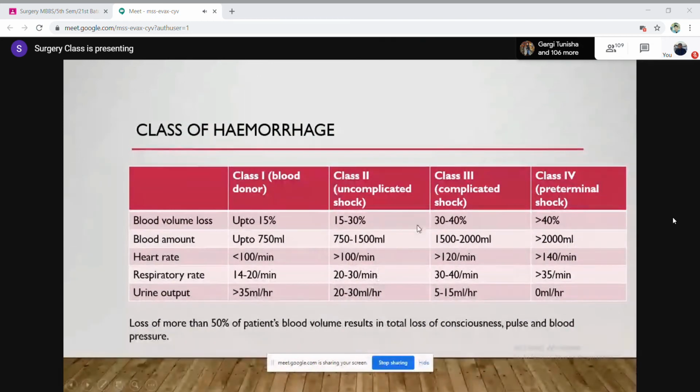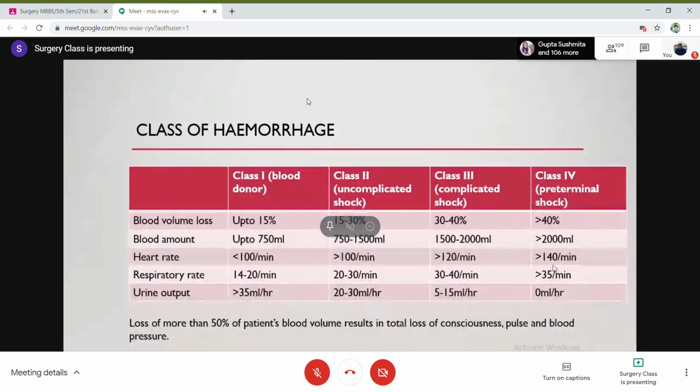And then in class 3, complicated shock, it's 30 to 40 per minute. It's really, really tachypneic. The patient is under a lot of respiratory stress. And then in class 4, the pre-terminal shock, it's always above 35 per minute, which, as I was telling you, is very, very alarming.